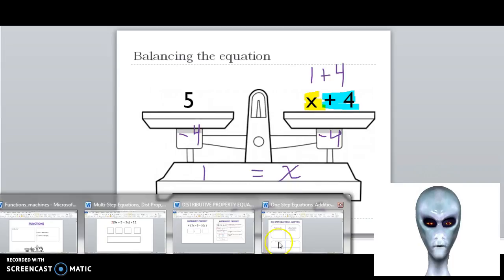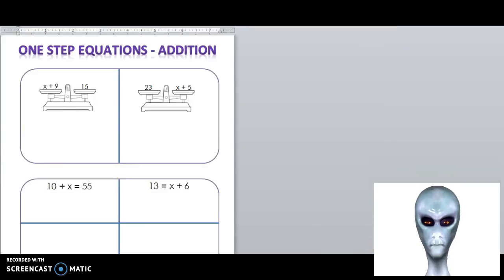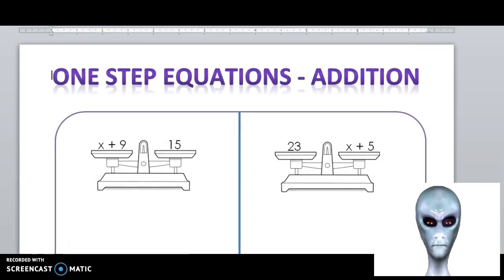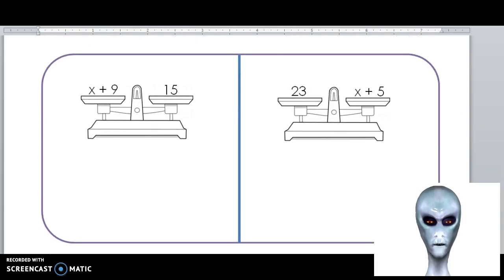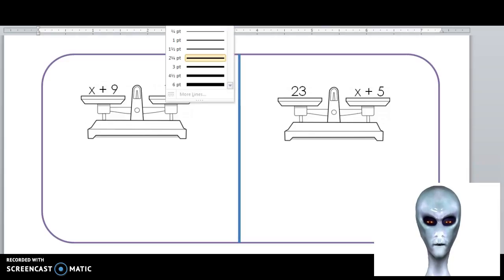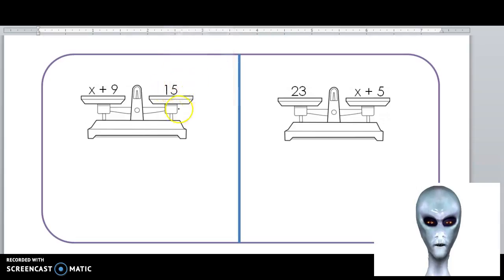Let's take a look at our graphic organizer. We have 2 examples. The first example says x plus 9 has to balance out with 15. Or some number plus 9, or added to 9, equals 15.